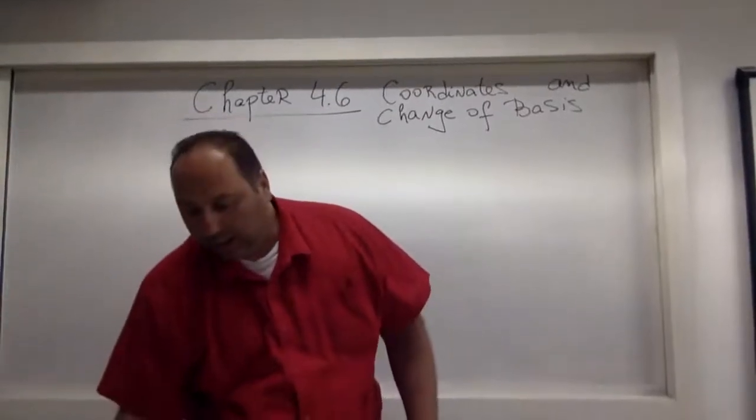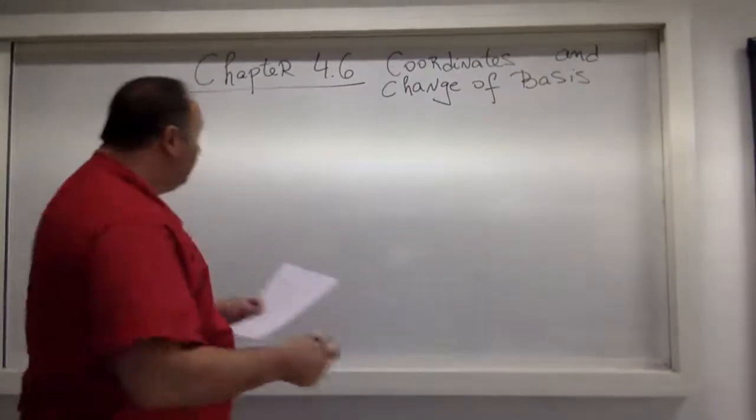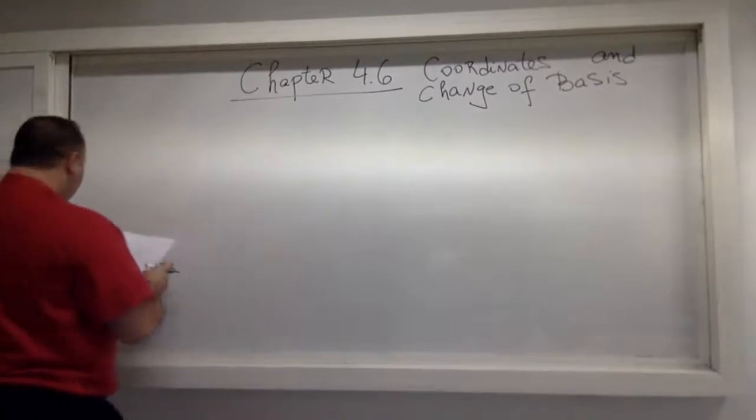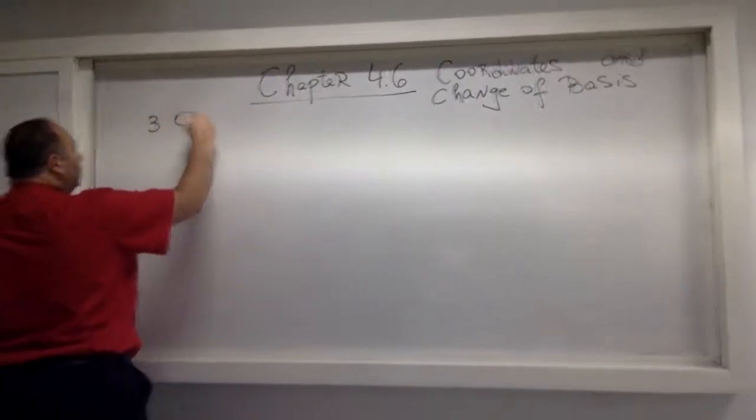So what we want actually here is to answer 3 basic questions. So I'm going to just write 3 basic questions to understand actually what we want in this section.